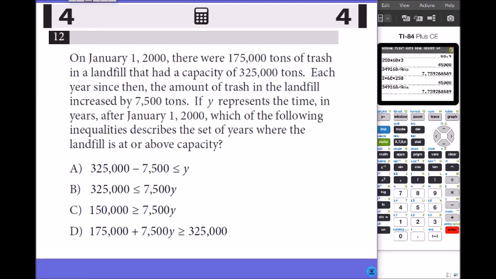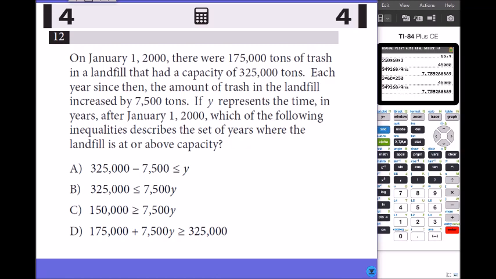12. On January 1, 2000, there was 175,000 tons of trash in a landfill that had a capacity of 325,000 tons. Each year since then, the amount of trash in the landfill increases by 7,500 tons. If Y represents the time in years after January 1st, 2000, which of the following inequalities describes the set of years where the landfill is at or above capacity?